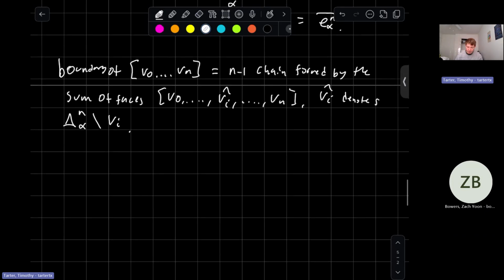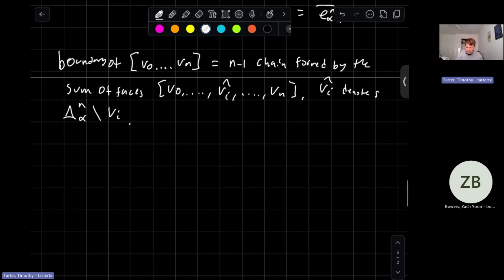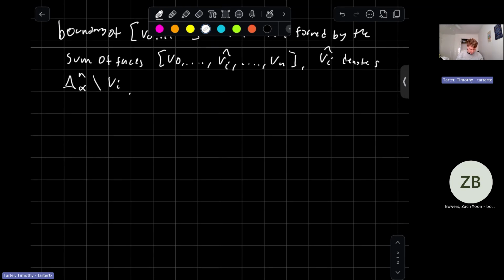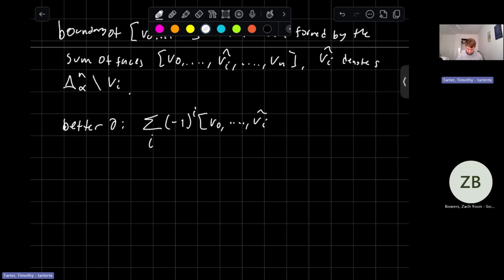However, it turns out to be better to insert certain signs and instead let the boundary of the simplex, better boundary, be the sum over i of minus 1 to the i of v0 through vn.